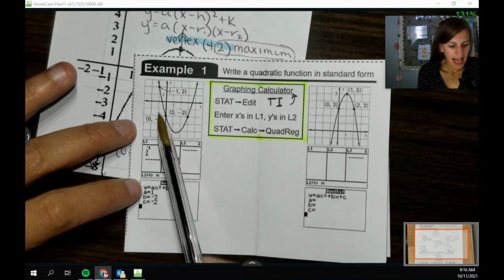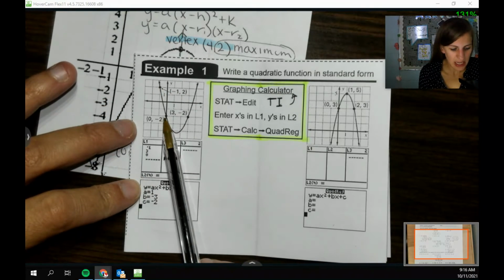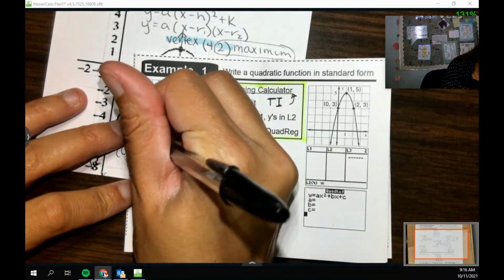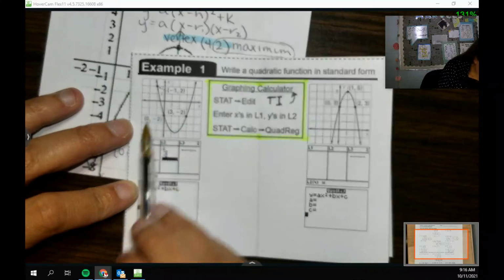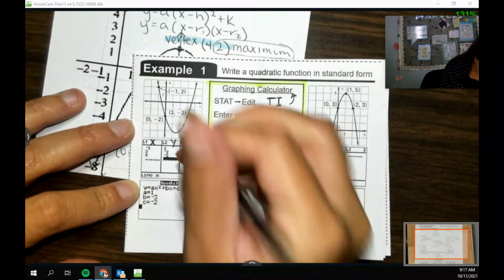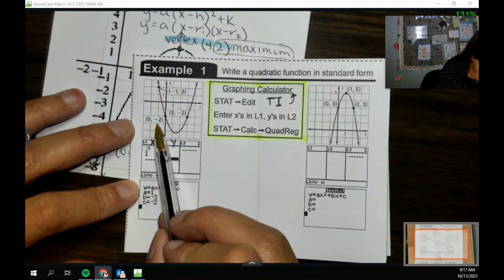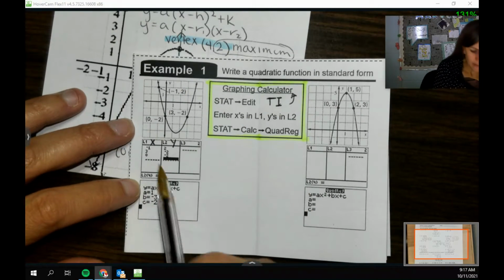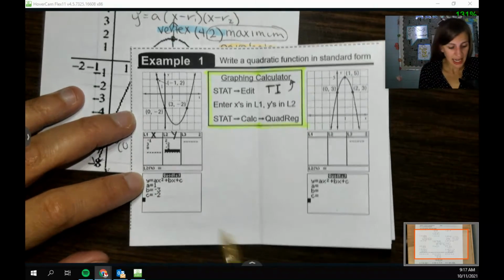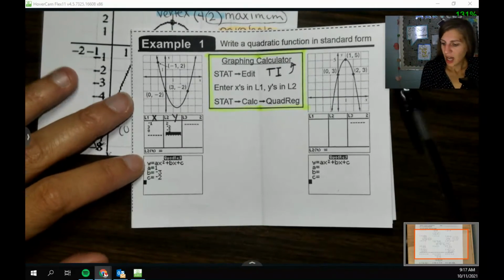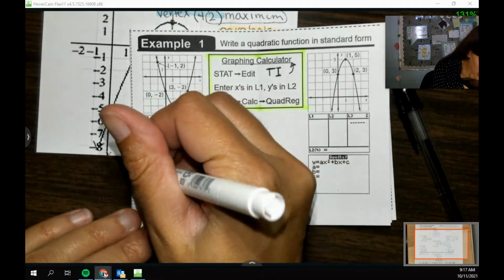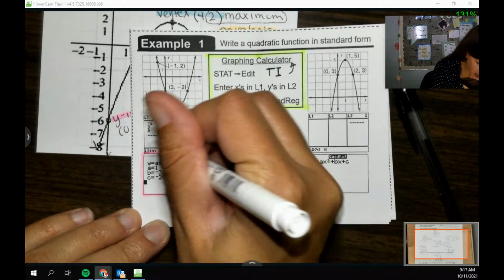If I have 3 points and I put them into a table, here we have our X values at -1, 0, and 3. And here we have our Y values at 2, -2, and -2. If we follow these steps here, or if I show you how in Desmos in just a second, your calculator or Desmos will spit out the answer for you.